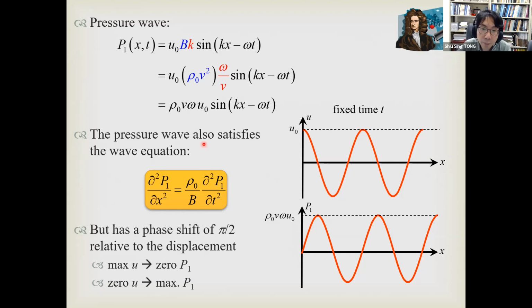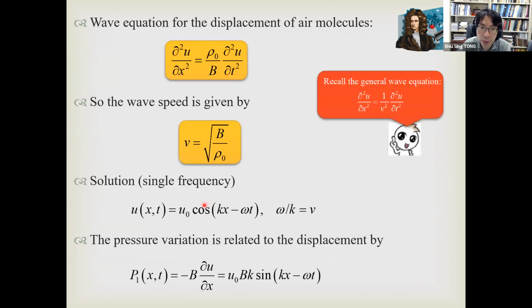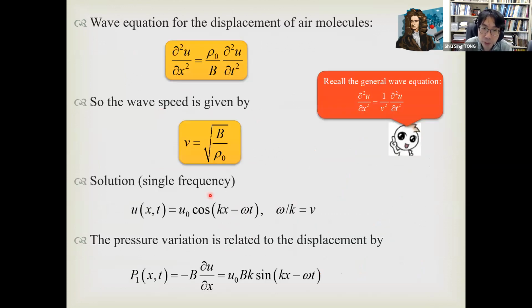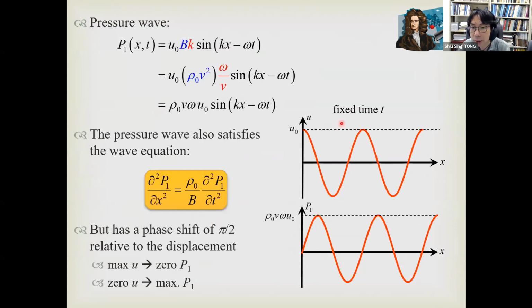but when you examine the two solutions, when you examine u and you examine p1, you find that they have a relative phase shift of pi over 2. Because the displacement wave goes as the cosine. Take a snapshot.